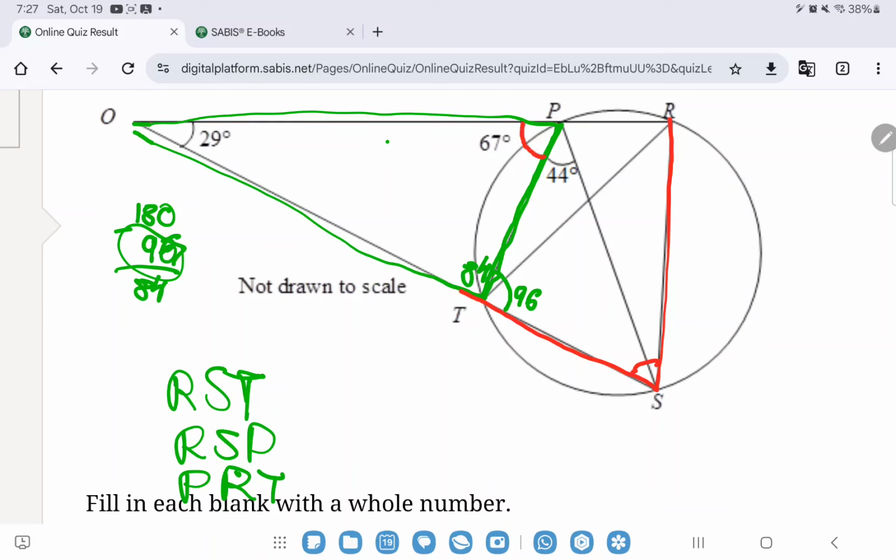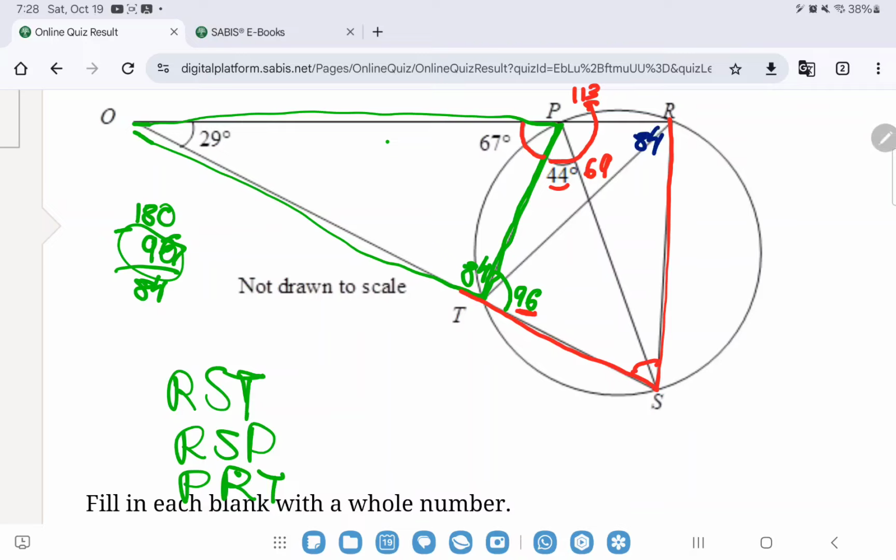So this here is 67, so this must be whatever is left of 180. 180 minus 67 is going to be 113. All of this is 113. But we already know 44, so 113 minus 44 is going to be 69. So this angle here is 69. We already know this. And this is a cyclic quadrilateral, so if this is 96, then this must be 180 minus 96, which is 84. Let me write it in a different color.